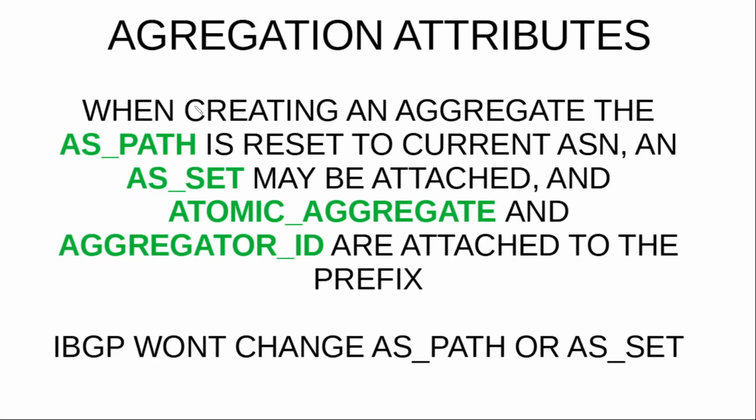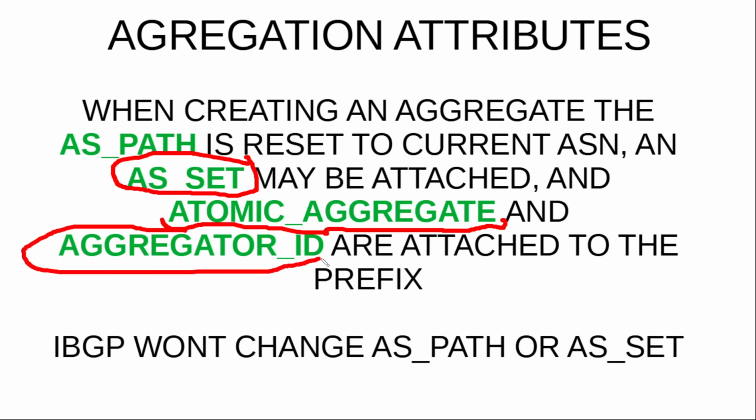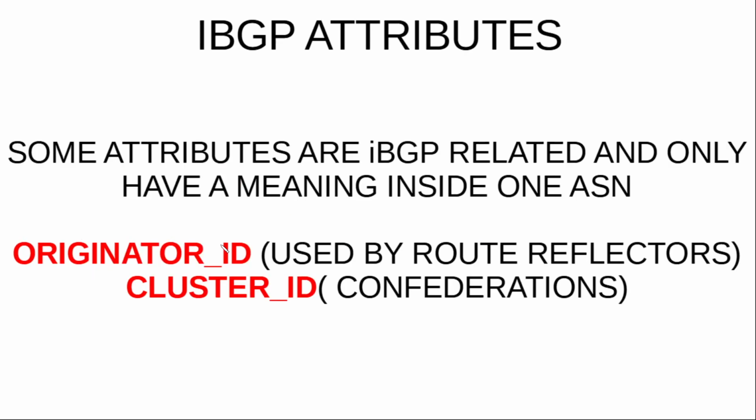When using aggregation, remember that we can use this flag. When this flag is missing, we are also going to send an AS set, and we always use the aggregator ID, which tells us the router ID of whoever aggregated and the autonomous system of this aggregator router.